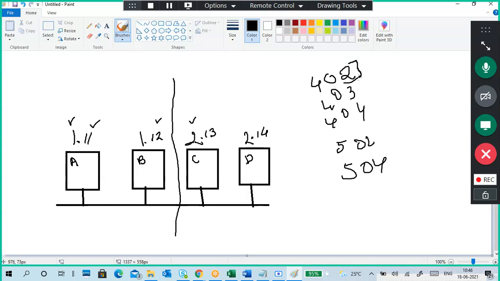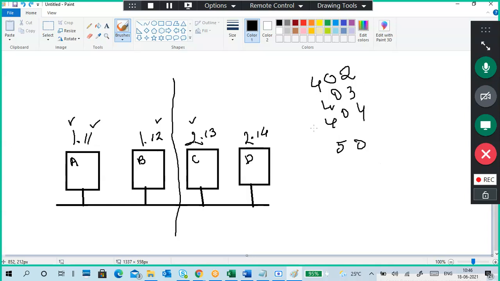So this identifies a person. This is identifying a person, right? But this is identifying a branch. Same thing, section. This identifies a device. This is identification of network.